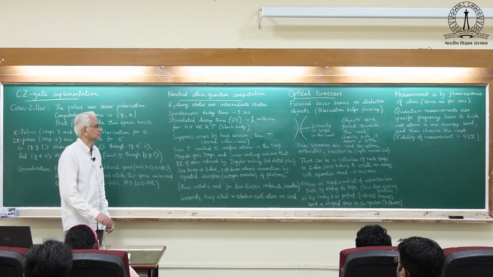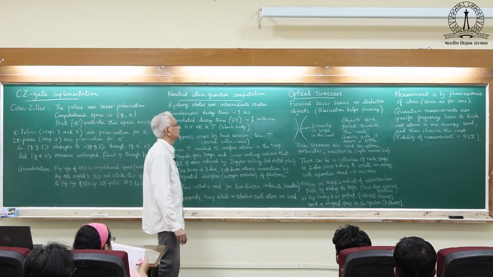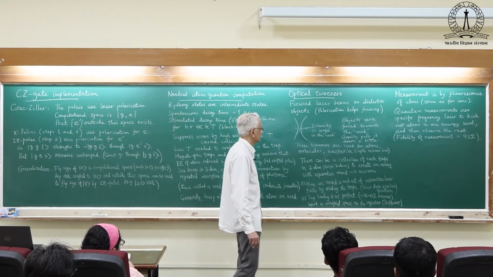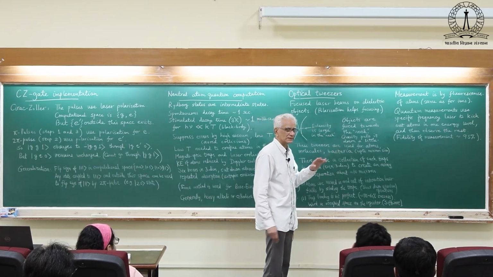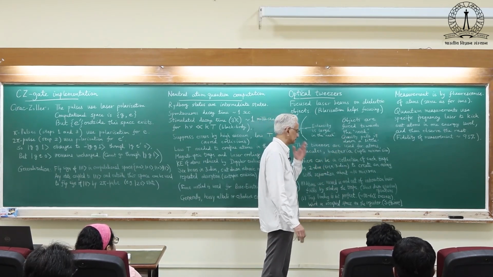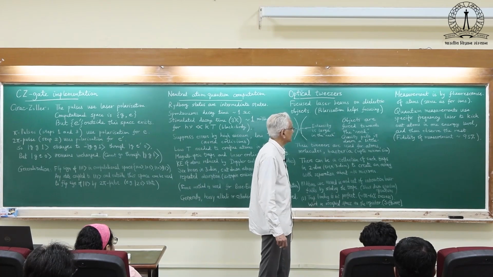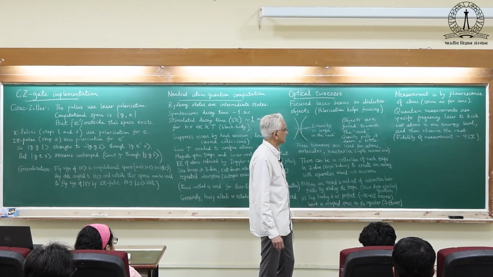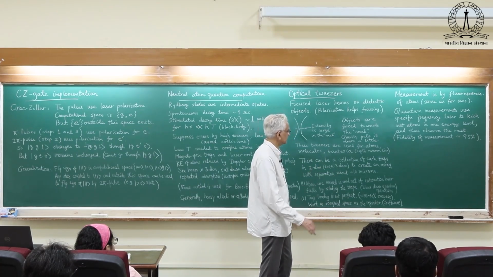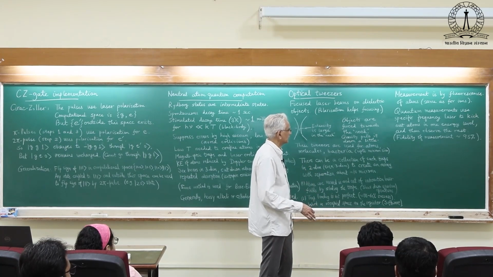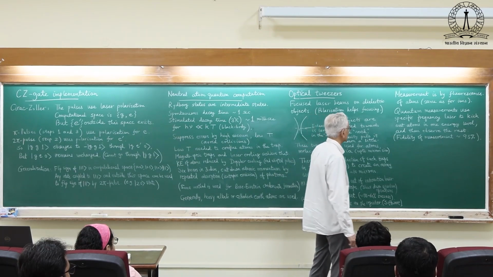So now I can come to the actual quantum operation. This was just to define the atomic system and how it is arranged in space and what you are going to do for selecting various options here and there.